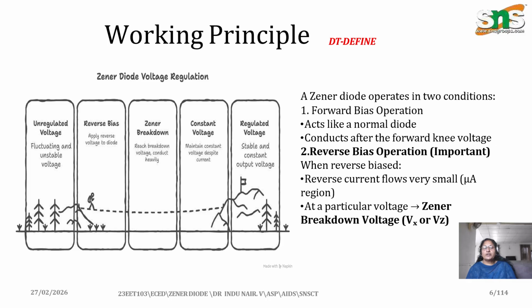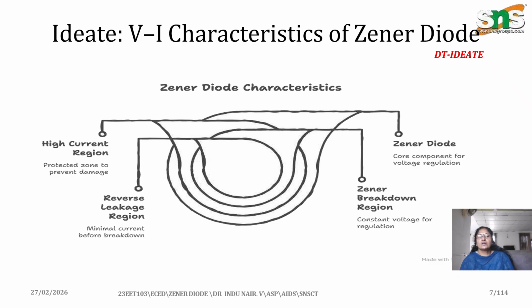An important point to note is that the reverse current flow is very small, in the order of microamps or nanoamps. So the Zener diode has a high current region, a reverse leakage region, and a Zener breakdown region.